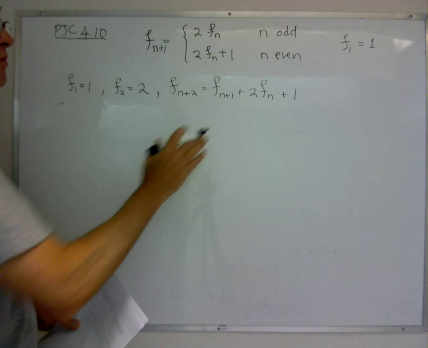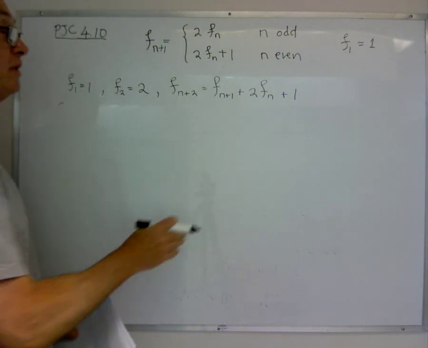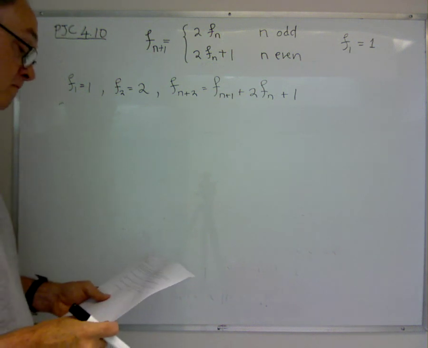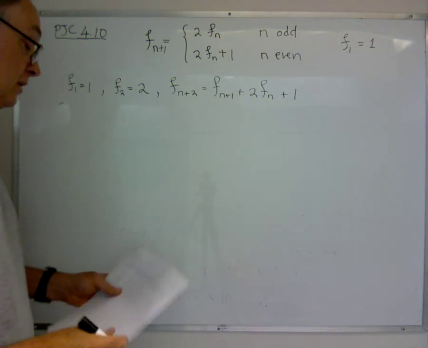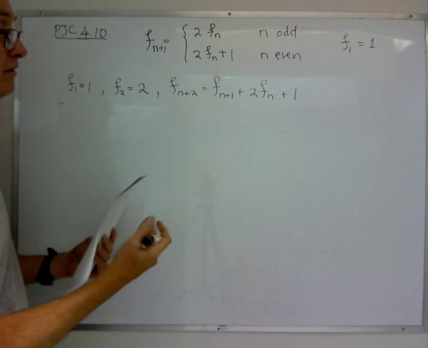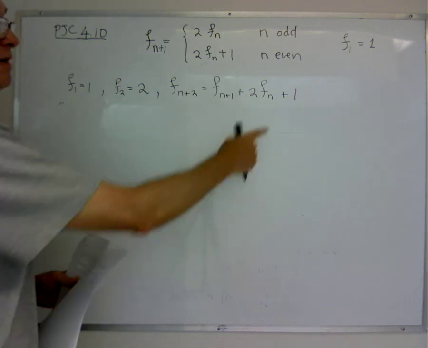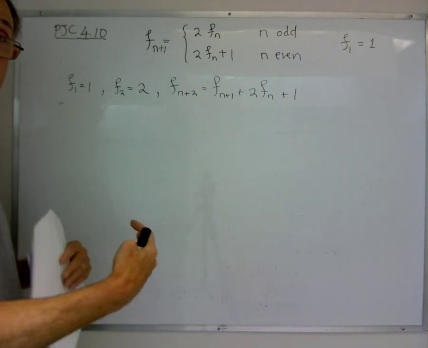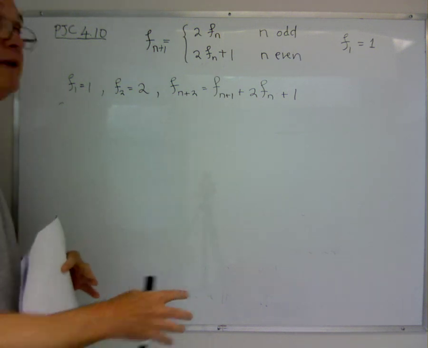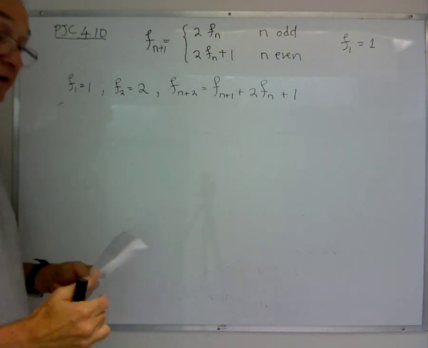So this is a slightly more complicated problem than you've seen before, mostly because of this plus 1, which makes it inhomogeneous. So what you can do is you can try to solve it in a variety of ways, but the first problem you have is you have to deal with this plus 1, because that needs you to adjust f in some way to compensate for this plus 1 each time.